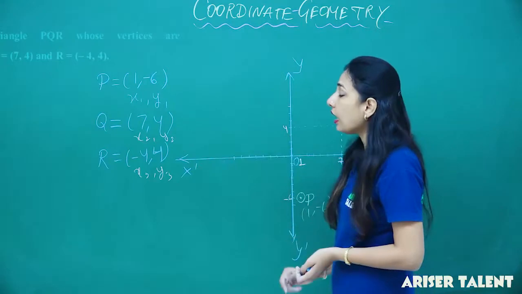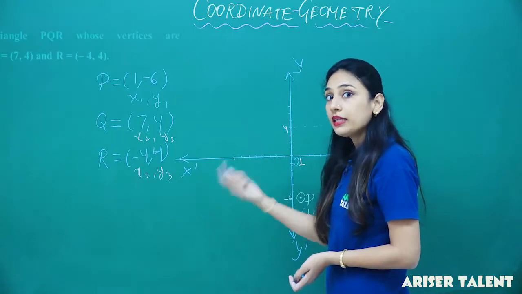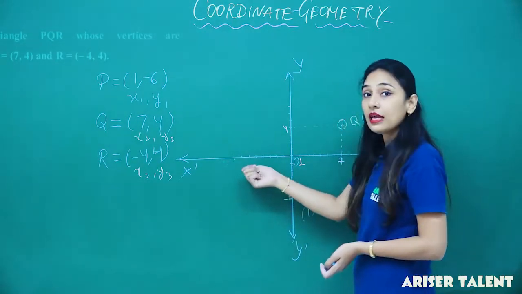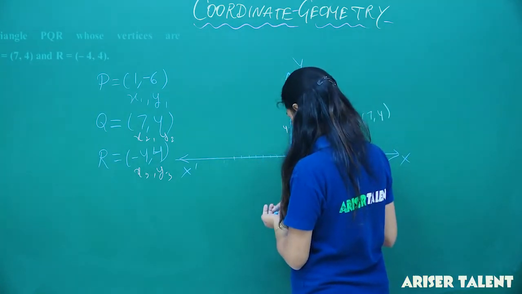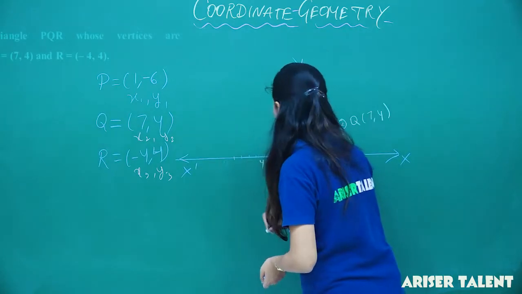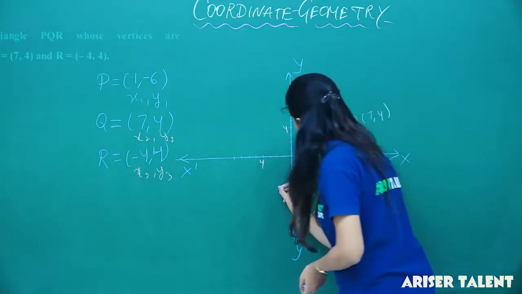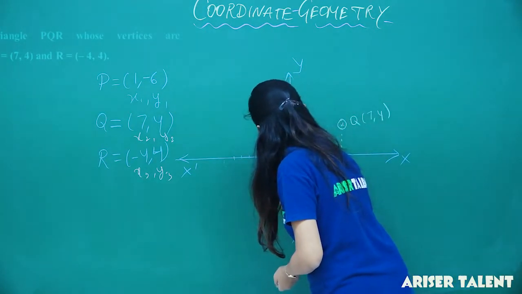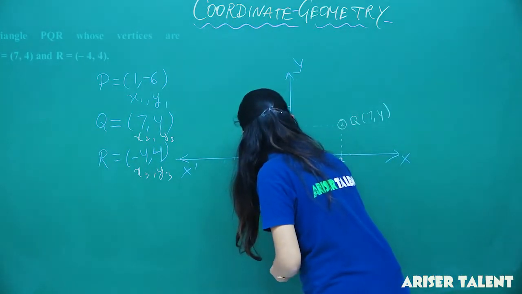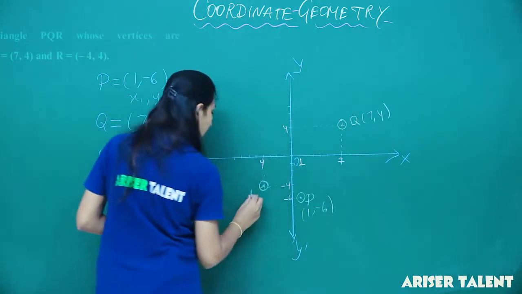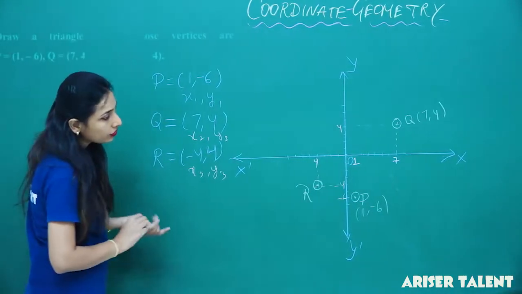Now if I talk about this R, which is minus 4 comma 4. Minus 4, that means x-axis but in the negative direction, that is x dash. So minus 4, the 1, 2, 3 and 4. So minus 4 will go like here. When I draw the perpendicular lines, they will intersect at a point, and this point is R. This is wrong, students.